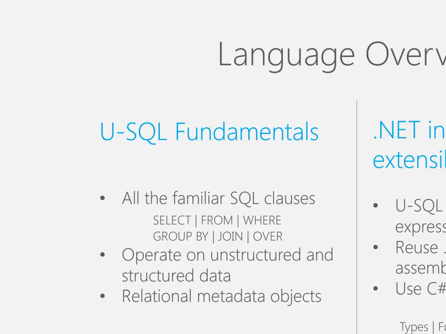The basic fundamental of U-SQL is that it derives all the keywords or clauses from SQL. For example, you could see select, from, where, group by. All of these are very similar, and derived from SQL. So you can apply the same in U-SQL, and you can also apply this on relational metadata objects.